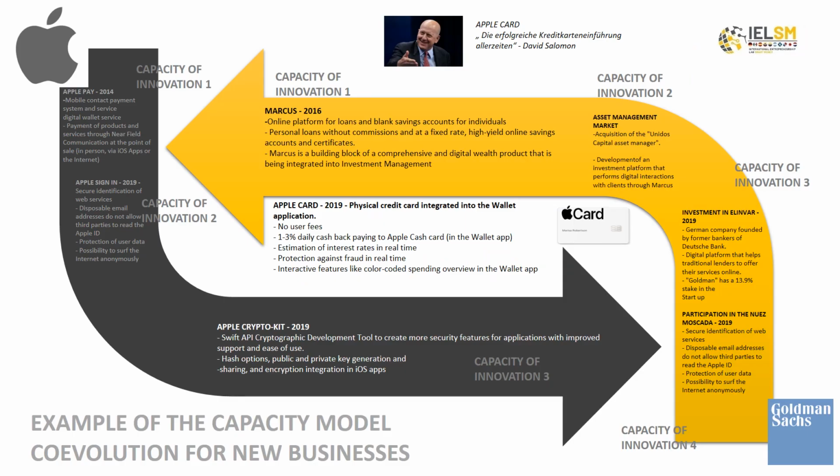Example of the coevolution. In this case, we have the current cooperation between Apple and Goldman Sachs. And you can see that each business model, each company, has a lot of capability or competence.